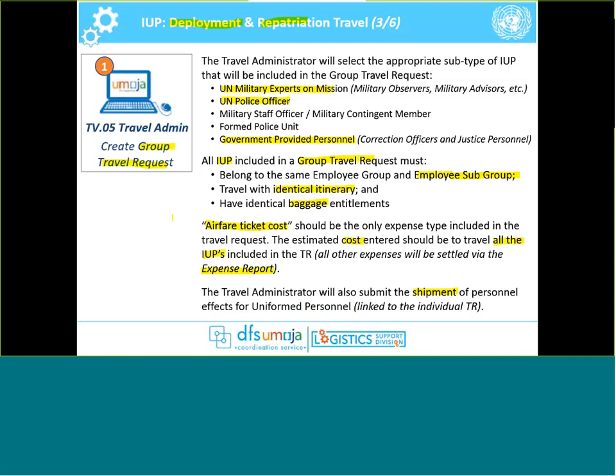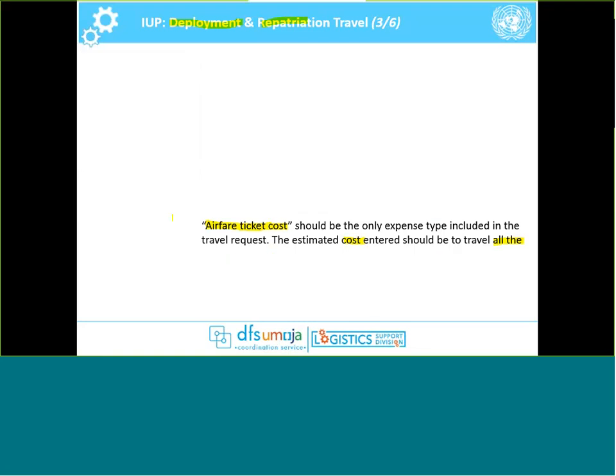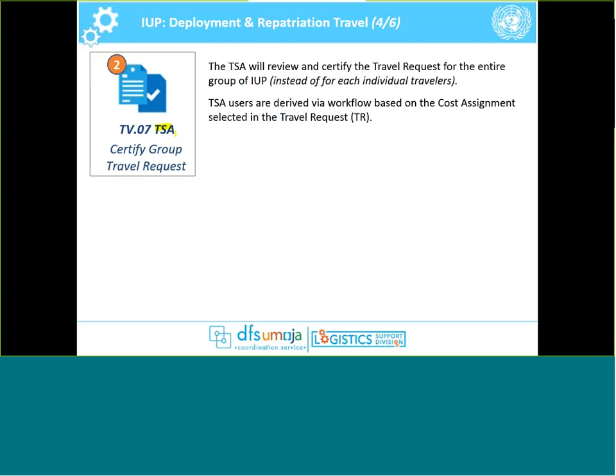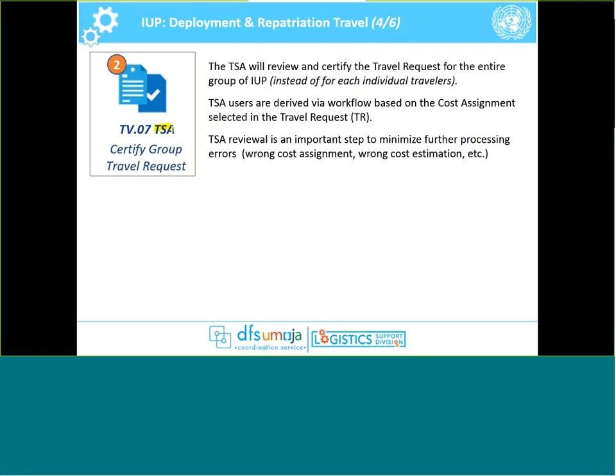Once you as a travel administrator have submitted the group travel request, the TSA will certify it, as for any other travel request, but they will certify for the entire group, so they don't have to go traveler by traveler.